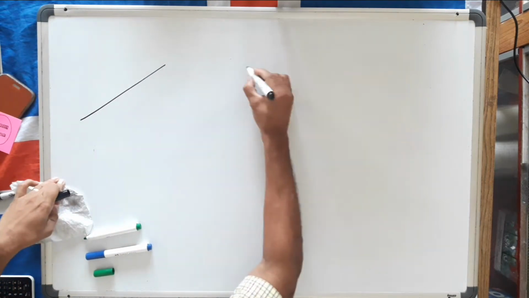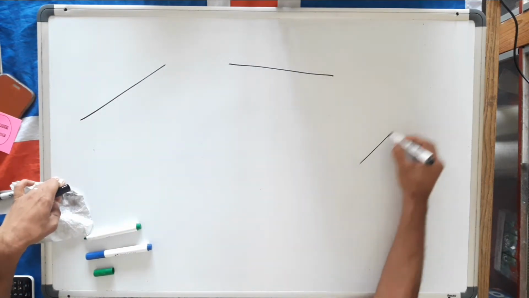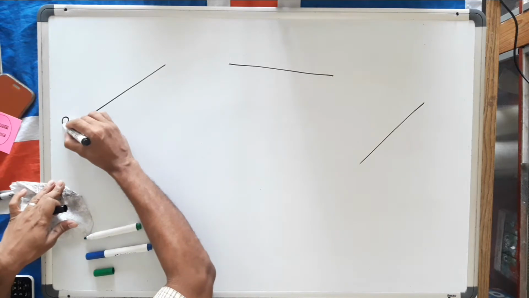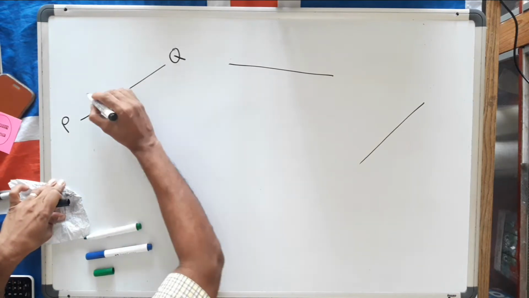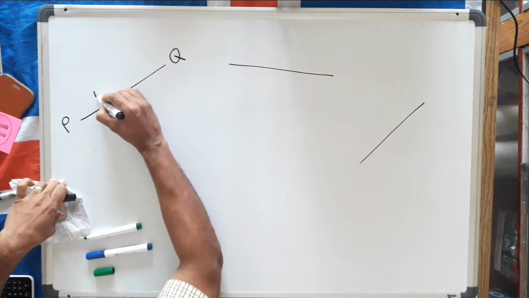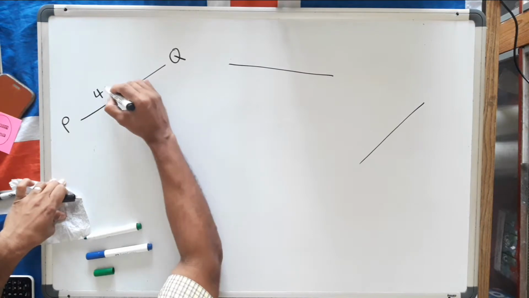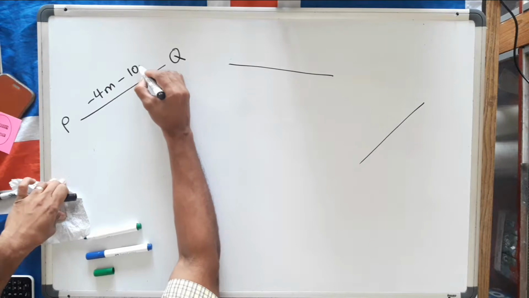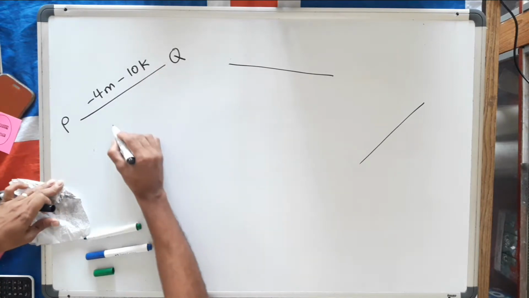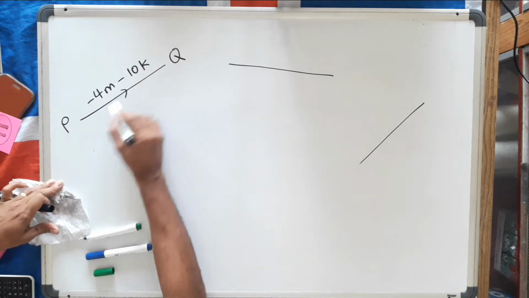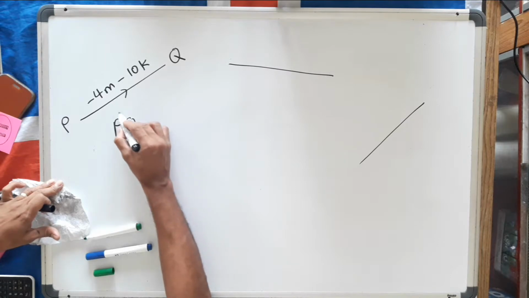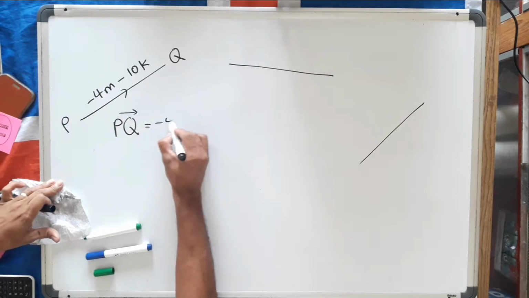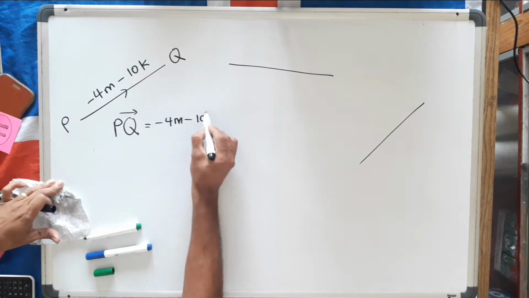Let me just do a few one time so it sticks in your head. Let's say I have the vector PQ, and the value of this vector is minus 4m minus 10k. I forgot my arrow. So this is how they will write it: PQ is minus 4m minus 10k.